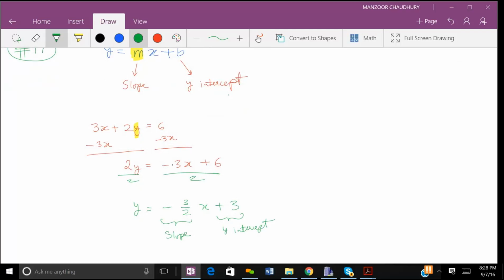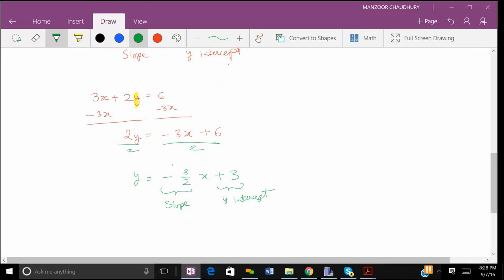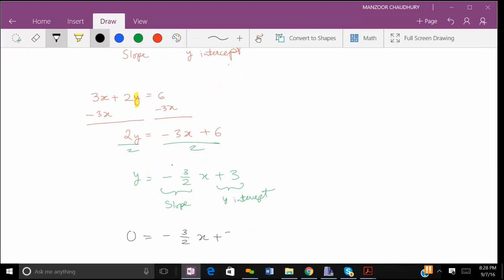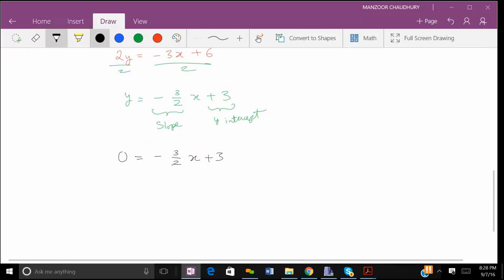And what is the x-intercept? To find the x-intercept, you plug in y as 0, which gives 0 equals negative 3 over 2 x plus 3. How do you find x? You just take it to the left side. You have 3 over 2 x equals 3.